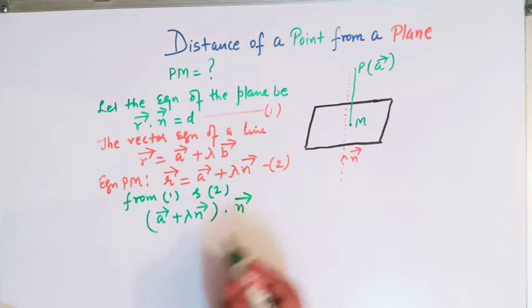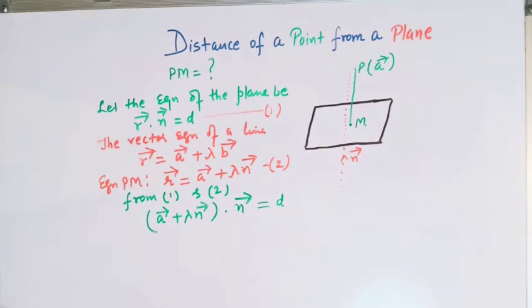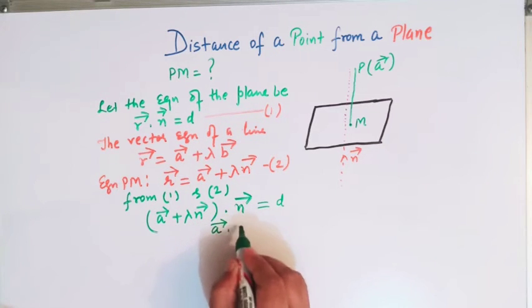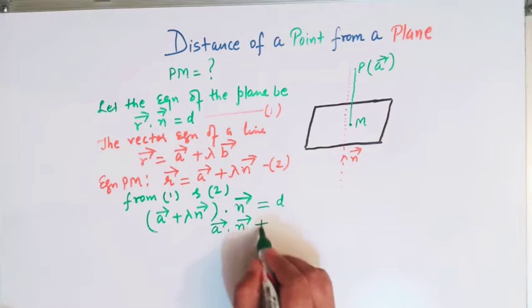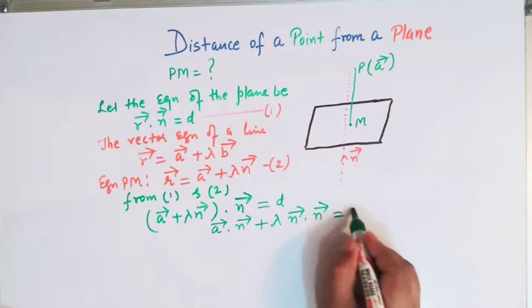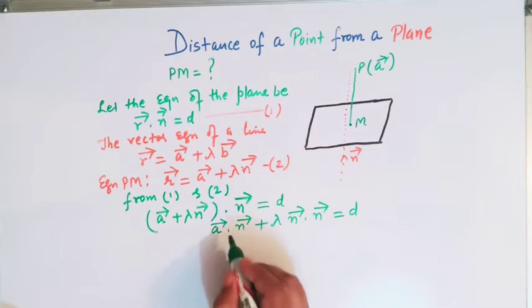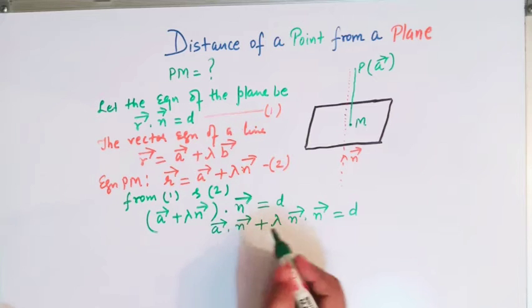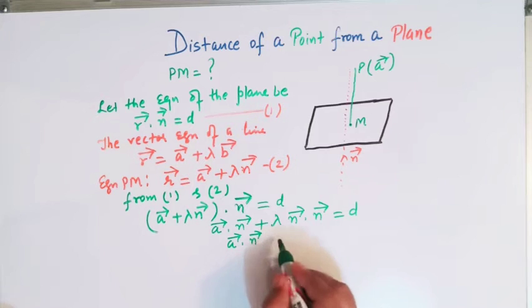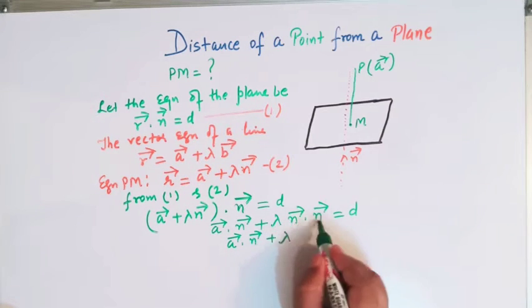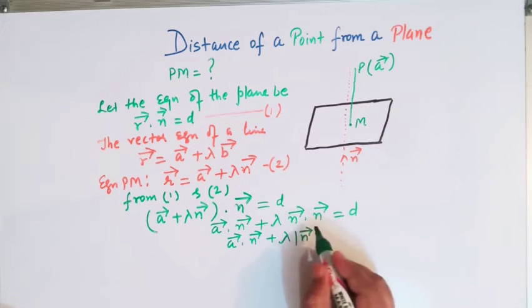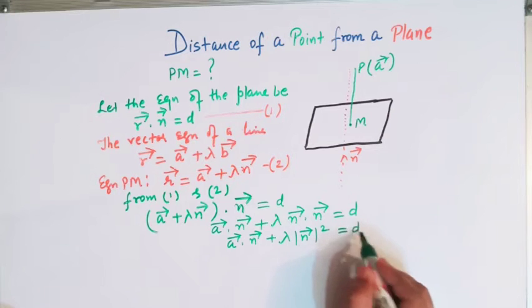Now taking the dot product of both these vectors, we get vector A dot vector n plus lambda times vector n dot vector n is equal to d. Now this vector n dot vector n becomes the square of the magnitude of vector n.